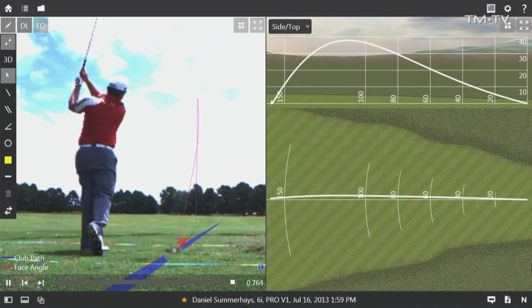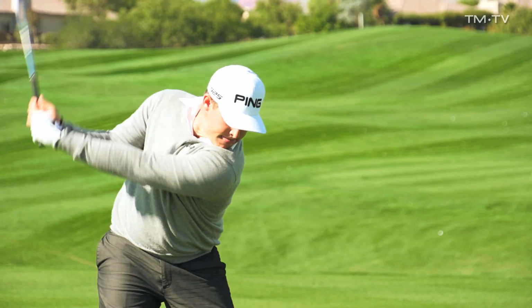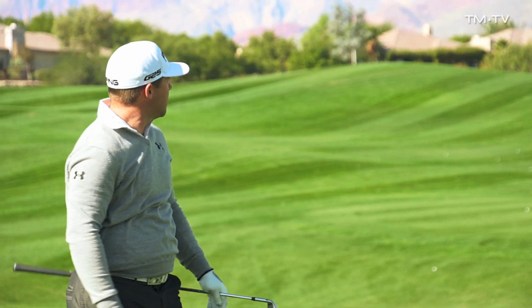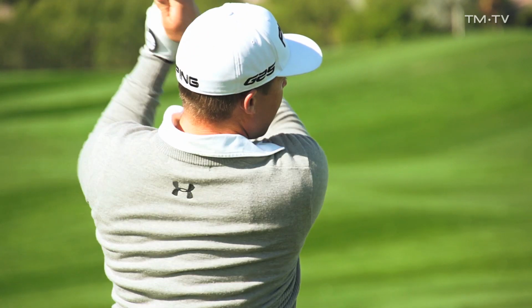So when I'm on the course, I'll set that face up, and I know, okay, if I want this ball to draw into this flag, the face has got to be just a little to the right. It's got to be a hair open to my target, and then my club path needs to be even a little more open than the face to create the proper launch direction to create a draw back toward the target.